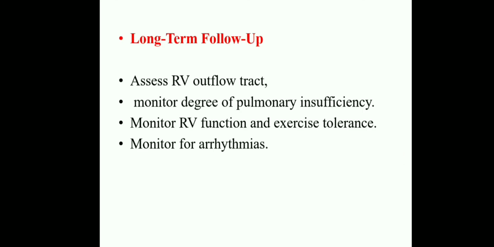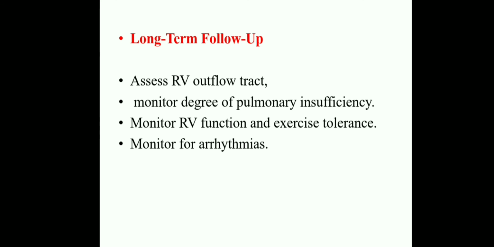And next, coming to the long term follow up. Because TOF is a severe condition, those children need long term follow up to assess the right ventricular outflow tract, monitor the degree of pulmonary insufficiency, monitor right ventricular function and exercise tolerance, and monitor for arrhythmias.